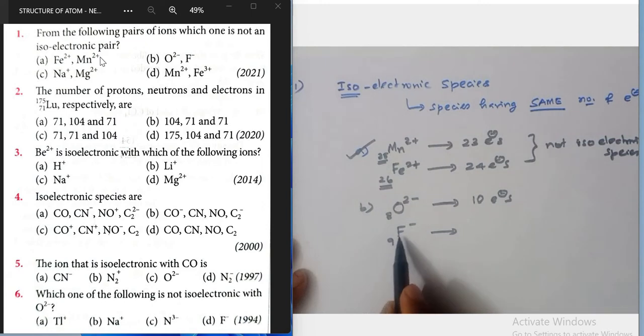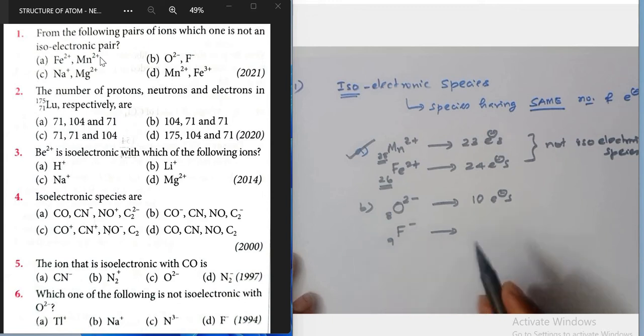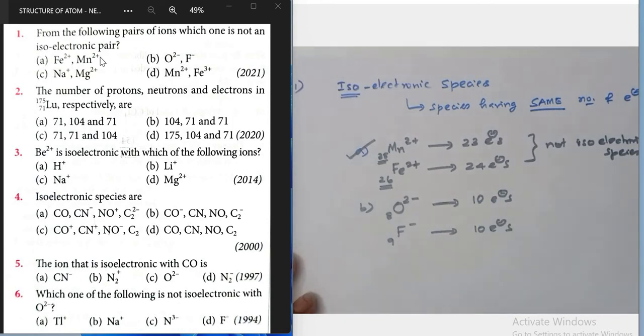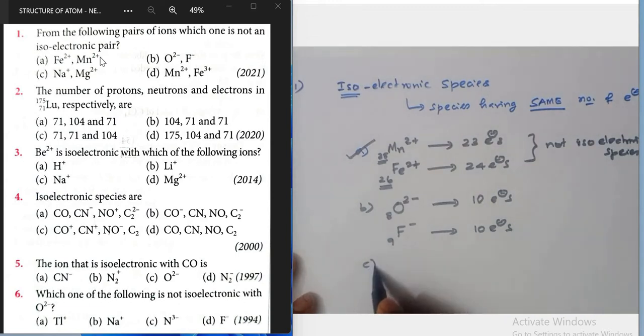Neutral fluorine has 9 electrons, and F- means 1 extra electron, so 9 plus 1 is 10 electrons. Oxide and fluoride have the same number of electrons, so they are isoelectronic. Option B is isoelectronic.